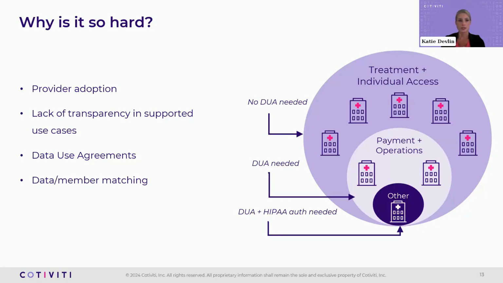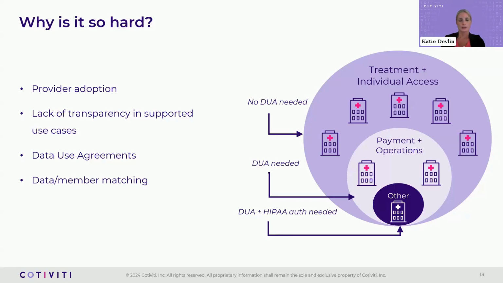I don't have the resources to focus on this. We also hear, I have a lot of other things on my plate. I'm in the middle of an Epic upgrade. I'm trying to focus on my COVID reporting still. I've got patches I've got to push into my EHR, and I need those resources. So that's one of the big things that we've seen in the industry.